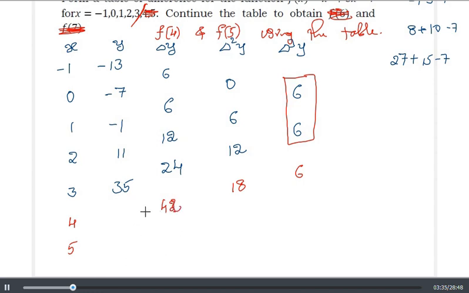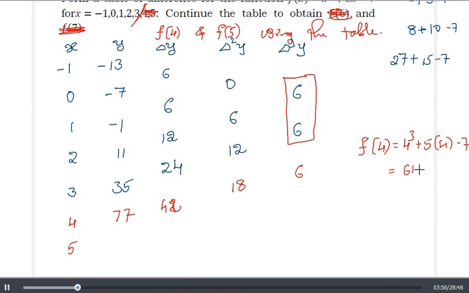And again 35 plus 42 that you need to add. Yeah, so that gives you 77. All right, but what is f of 4 here? F of 4 is nothing but 4 cube plus 5 into 4 minus 7.